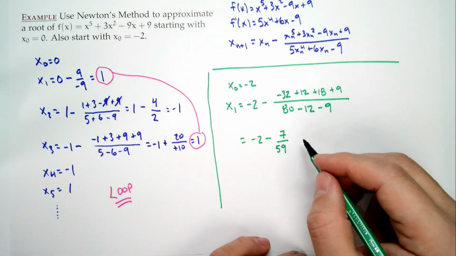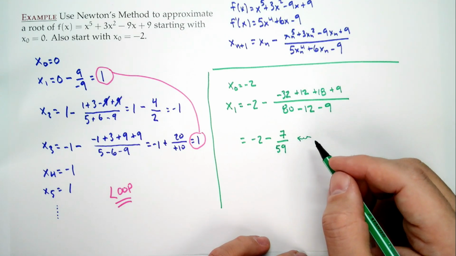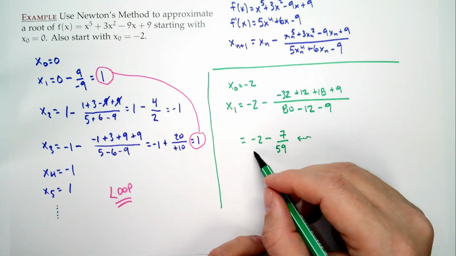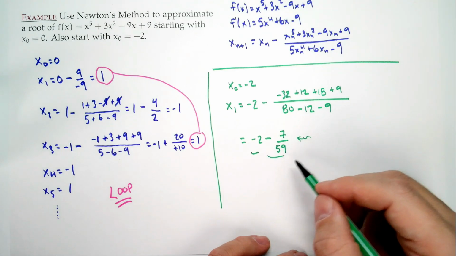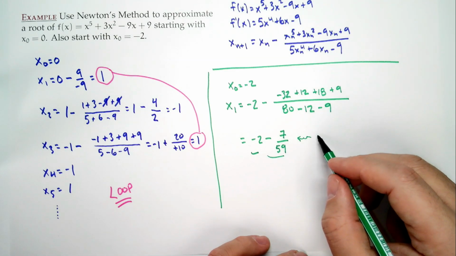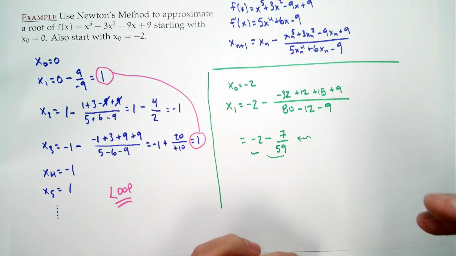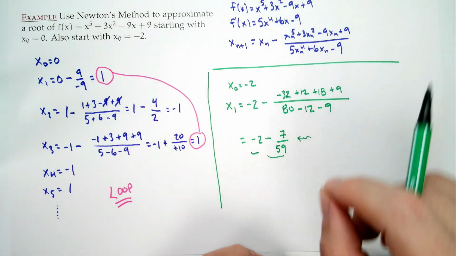But you see, this tends to be a little bit cleaner. In some sense, what's happened here is it starts at negative 2, and it's a small perturbation. Usually when Newton's method has small changes, that's the signal that, okay, I'm really close to the root, and I'm just narrowing in.